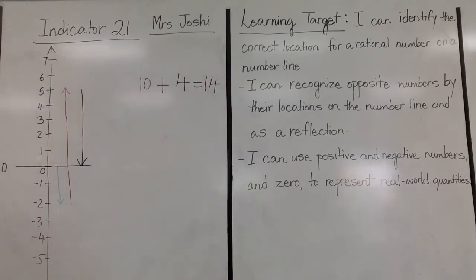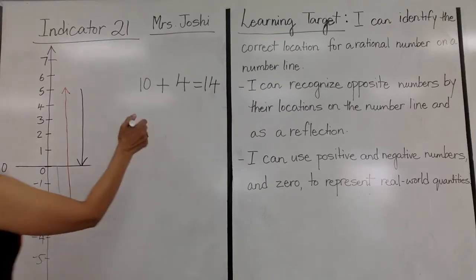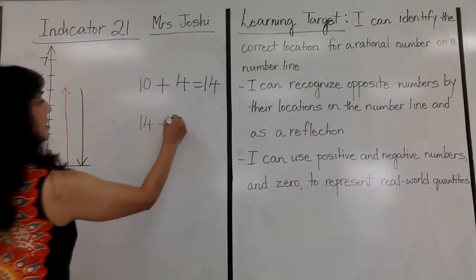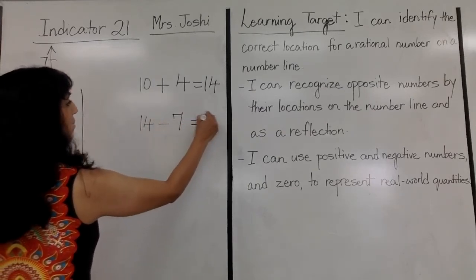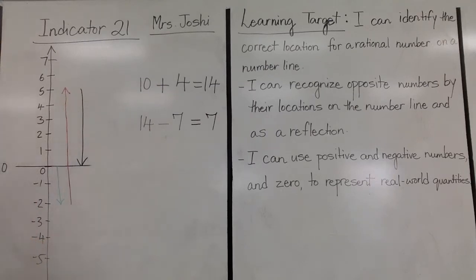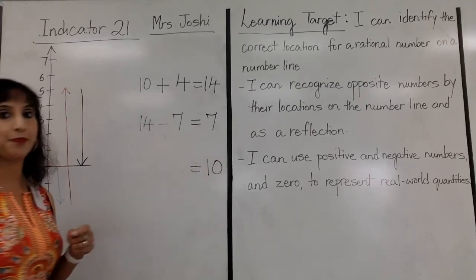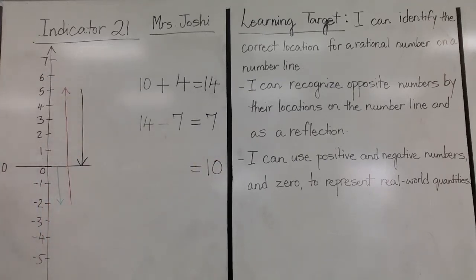Then you lose 7 points in the second round. So you had 14 and then you are now losing. Losing means minus 7. So I have 7 now. After the third round, your total score is 10. Write an integer that represents how many points you gained or lost in the third round.